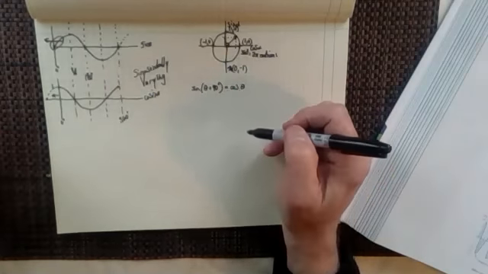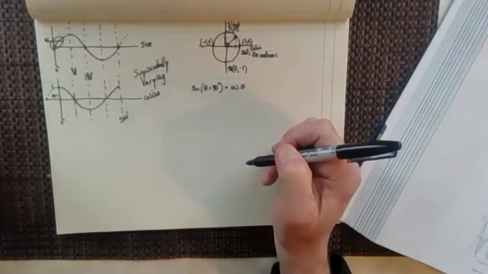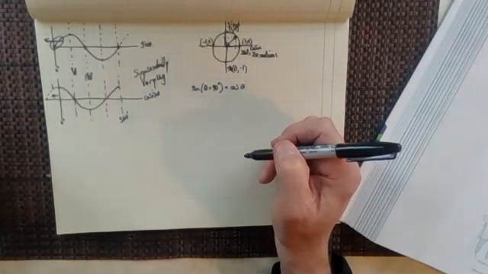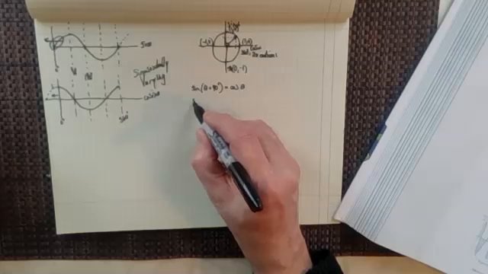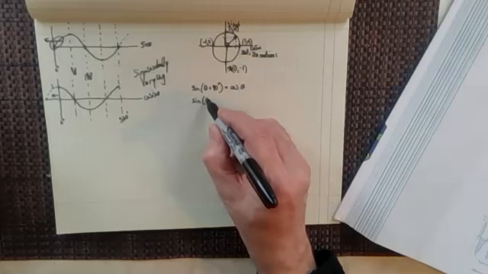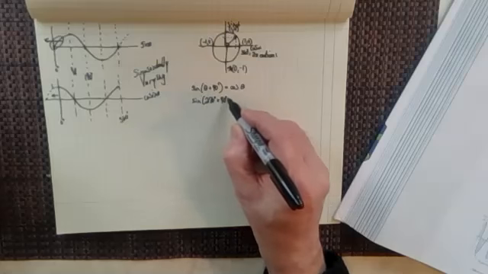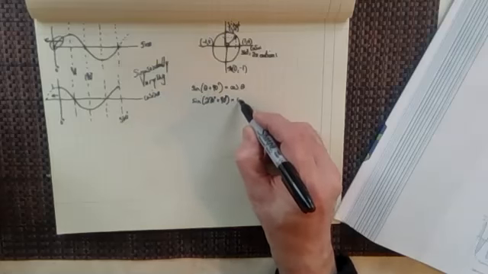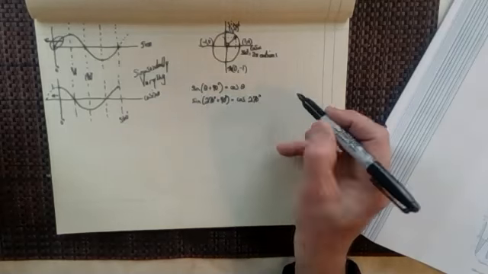I like to do that with, you know, 270 degrees. Now, is the sine of 270 degrees plus 90 degrees equal to the cosine of 270 degrees?